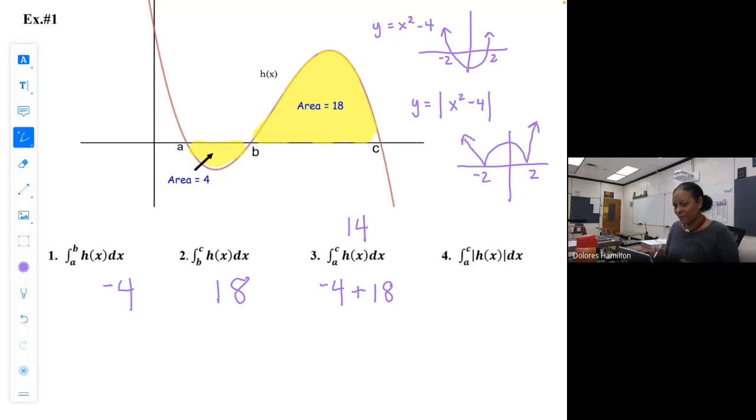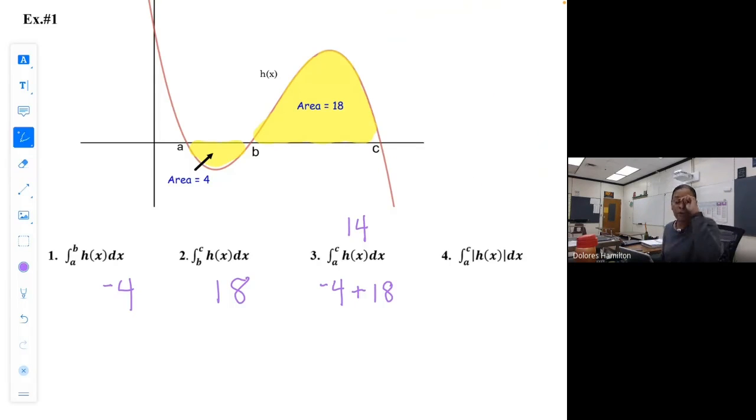You don't have to think graphically about that, but I think sometimes that helps when we're looking at a question like 4. What is the definite integral from A to C of the absolute value of h of x? Well, then that means I'm thinking in terms of everything being above the x-axis. So that definite integral would equal 22.